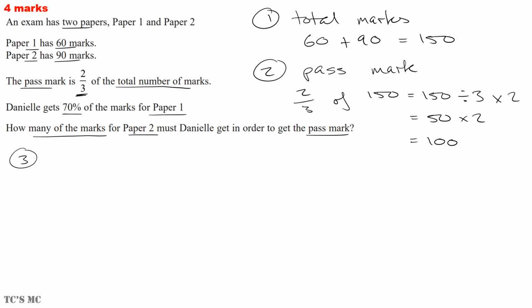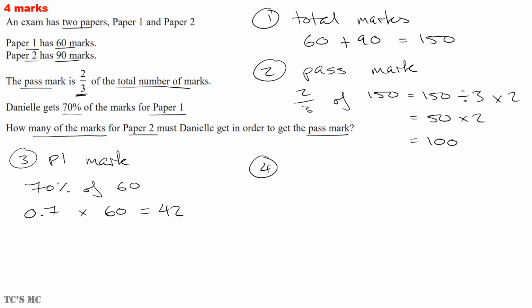Step 3, we need to work out the mark that Danielle got in paper 1. We need to work out 70% of 60. So I will do 0.7 multiplied by 60 and that gets me 42. Now we have a second mark.